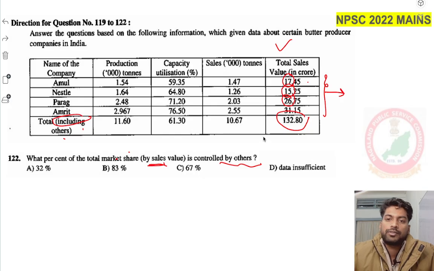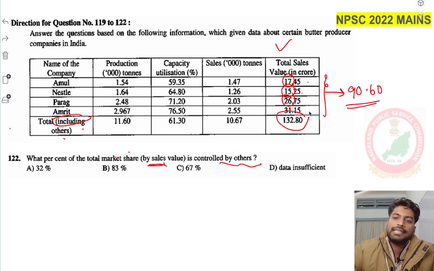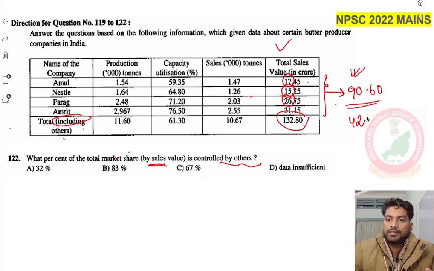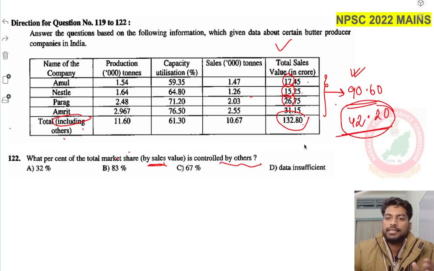Yes. 41, 50, 58 and 30, 88, 89, 90, 90.60. Now see, 90.60 is controlled by companies and the remaining will be controlled by others, that is 42.20 around. Okay, 42.20 will be controlled by others.